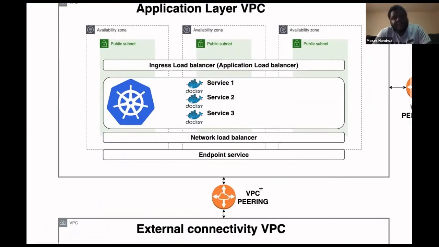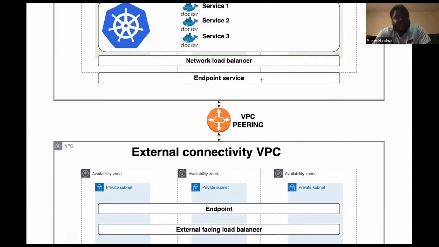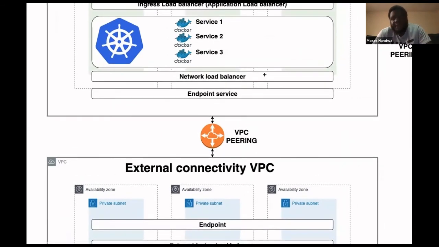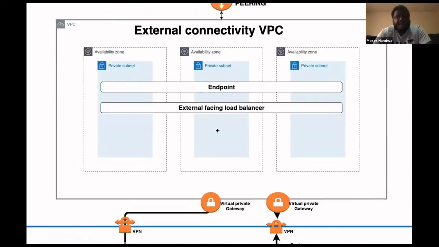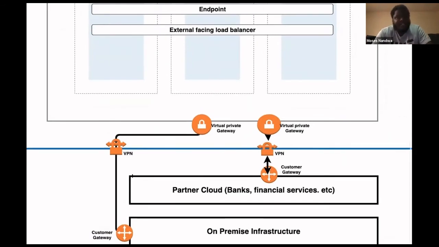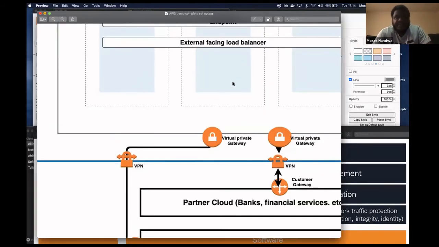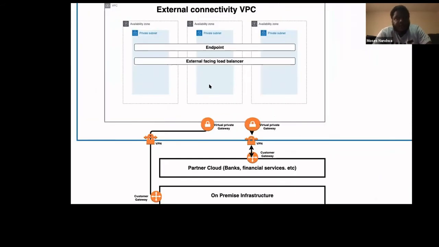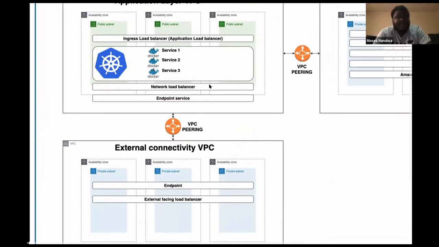We have an endpoint over here and an endpoint service running on the other end. We have a network load balancer, and then finally an ingress load balancer that sends your traffic over to this side. So that's an example of a setup that you would use if you wanted to set up a hybrid setup or something in the cloud.